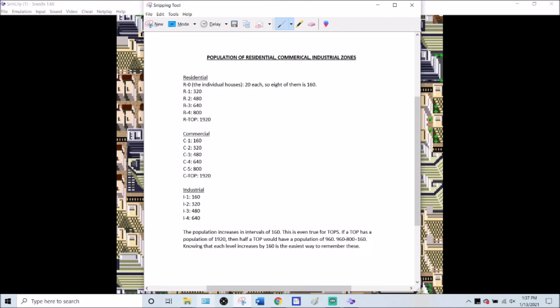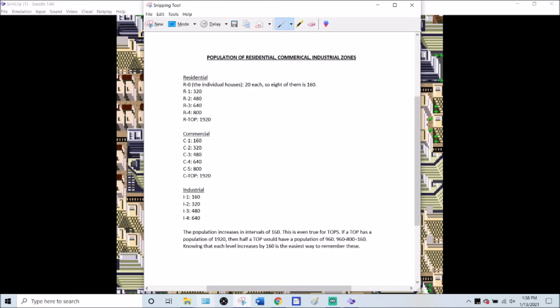When comparing the second highest level commercial zone with a fully developed industrial zone, you will notice that they have the same population. They are tied. And so one thing you might think is, well, if I can get my commercial zones to the second highest level, then I could just leave those and not build any industrial zones anyway.